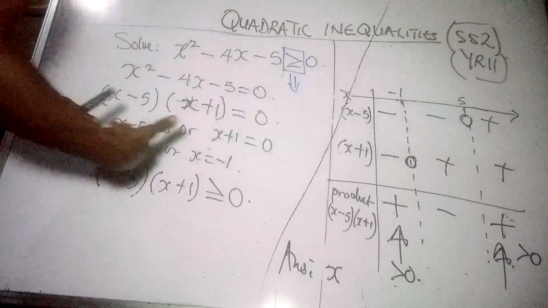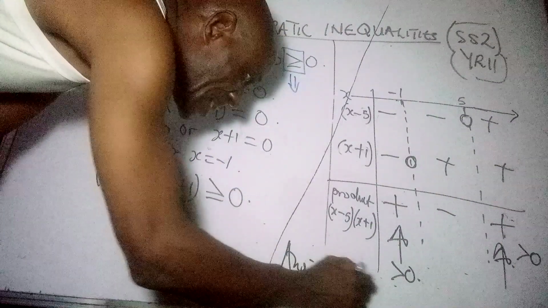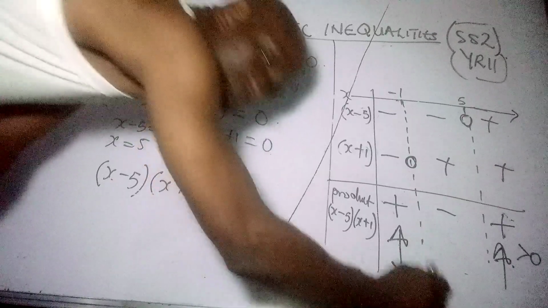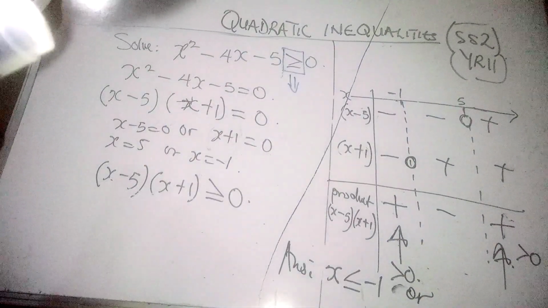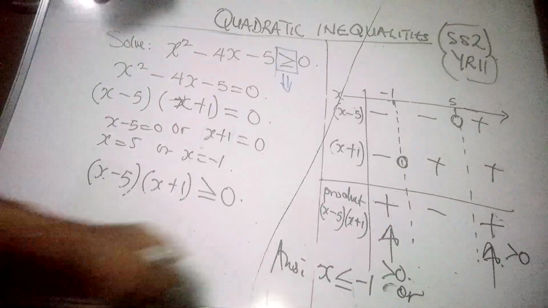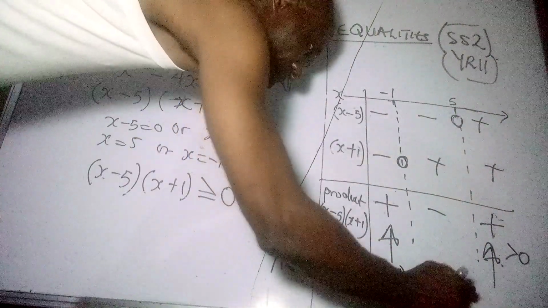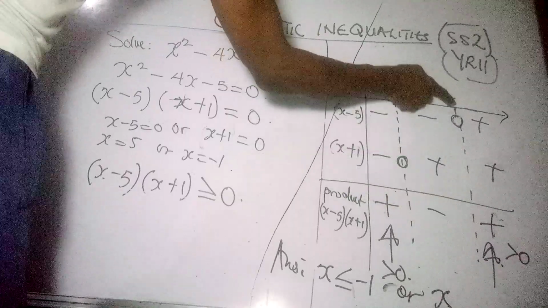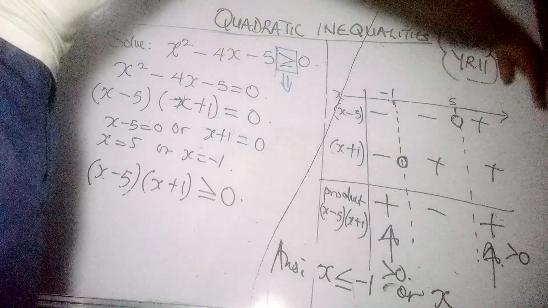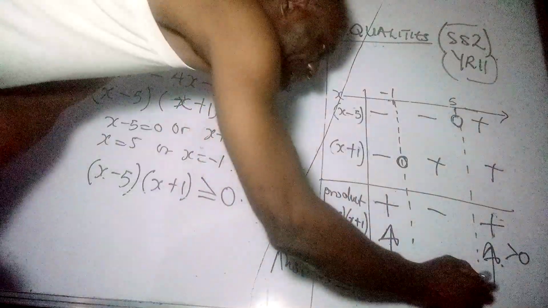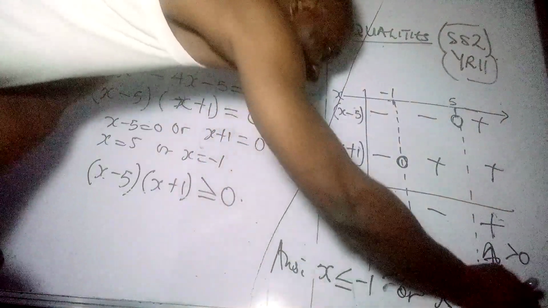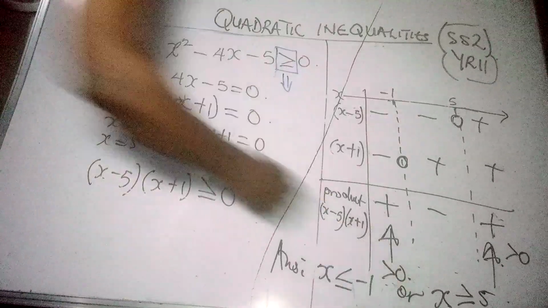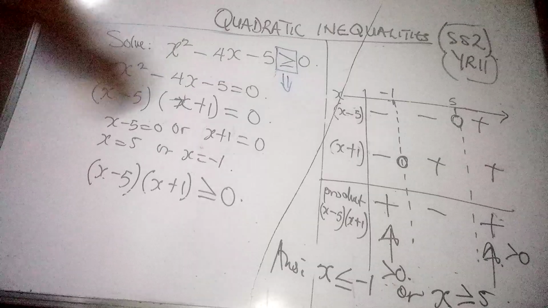So that means x less than or equal to minus 1, or x, where we see positive is after 5, from 5 upward, 6, 7, 8. That means x greater than or equal to 5. So that will be the result for this quadratic inequality.